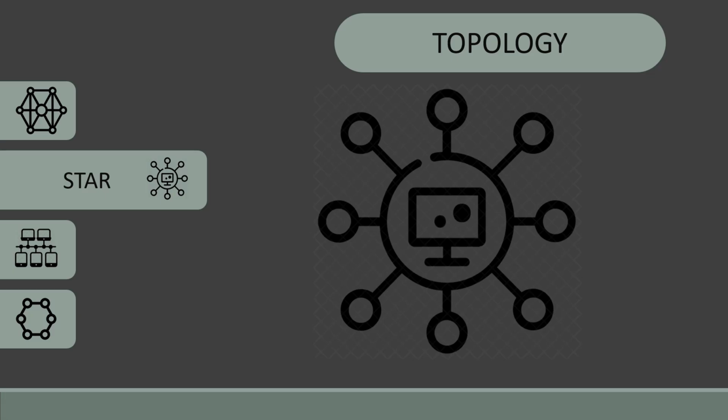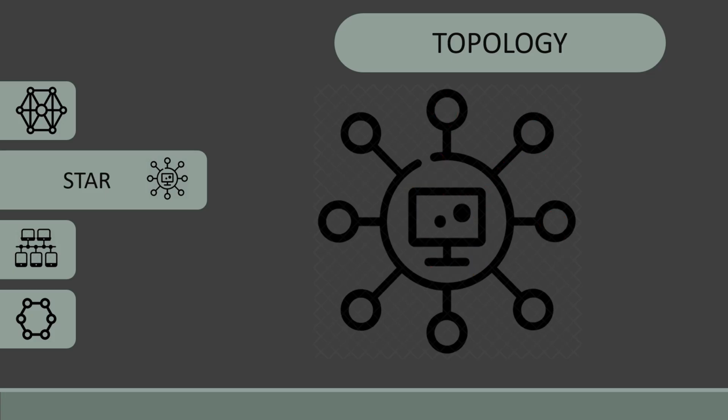Each device has a dedicated connection to the hub. Here you can see every node in this topology is connected to a central controller, that is hub. This central controller can be a hub or a switch. It depends on the requirement of the network.